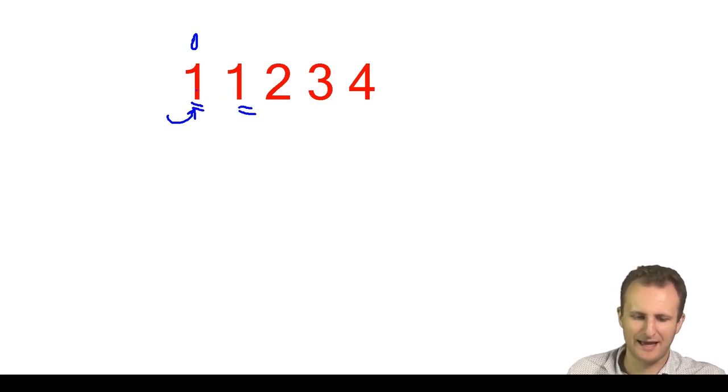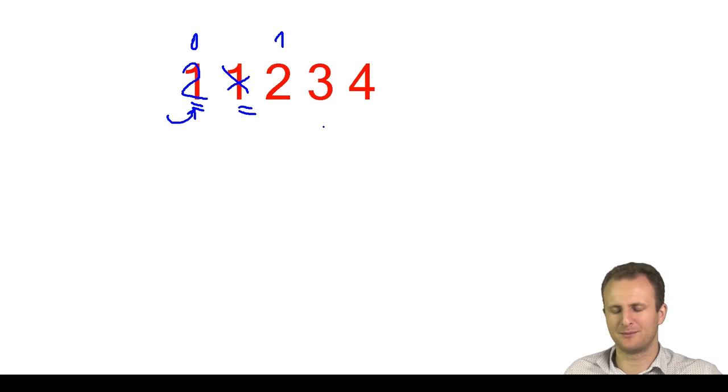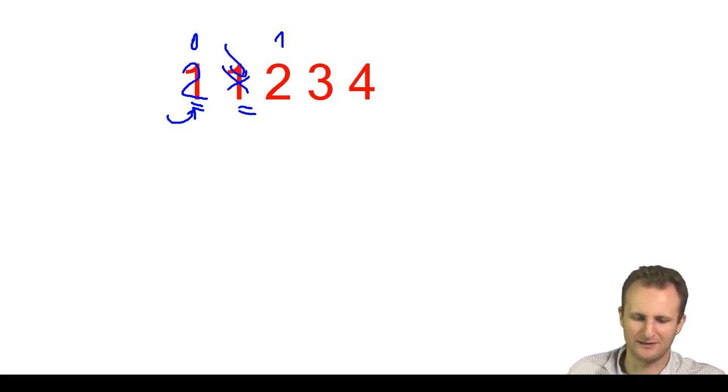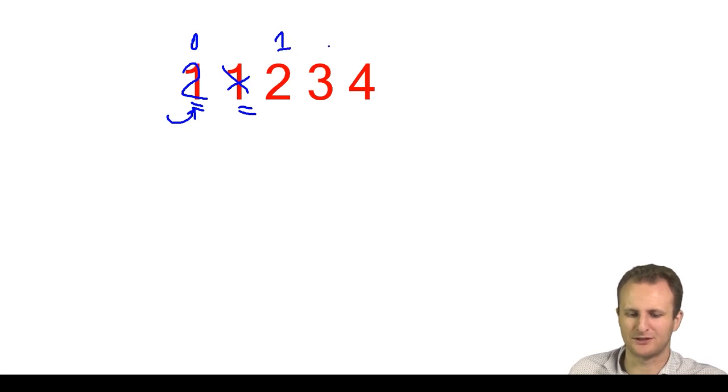In that case, I make their sum, I assign position 0 to 2, I remove this item, and now position 1 becomes this number 2 over here, because all of the elements to the right of the one I deleted are shifted to the left. So this is now the new index 1, and this is the new index 2, and this is the new index 3.